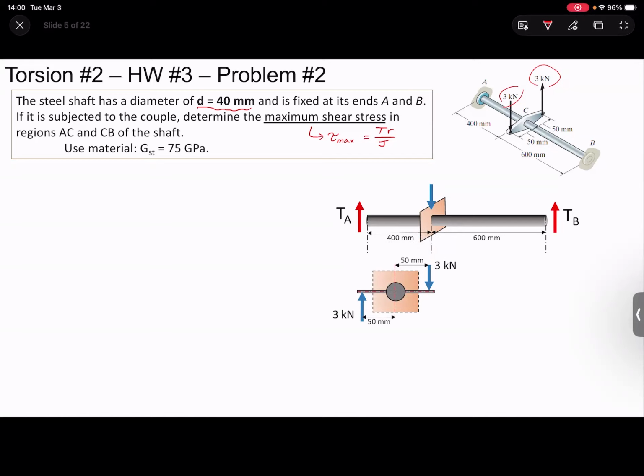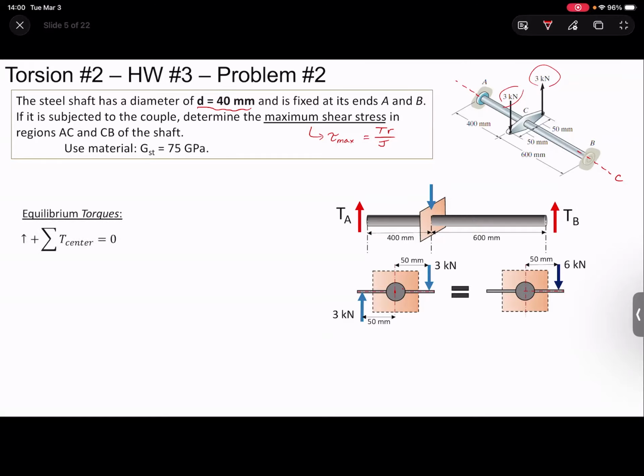So remember, the torques are all applied across this centroid axis here, this center. So we use that distance away of 50 millimeters. Now, since there's one in each direction, this is essentially saying there is 6 kilonewtons in one direction acting 50 millimeters away.